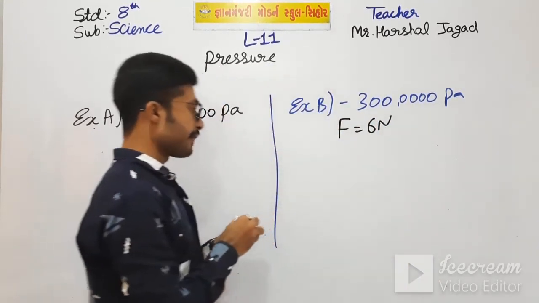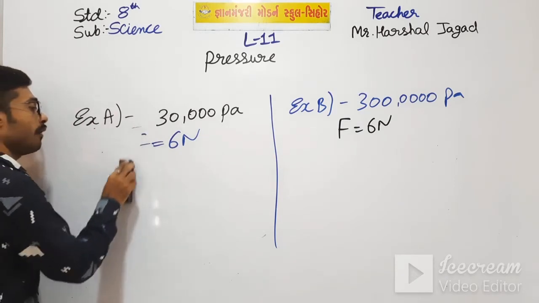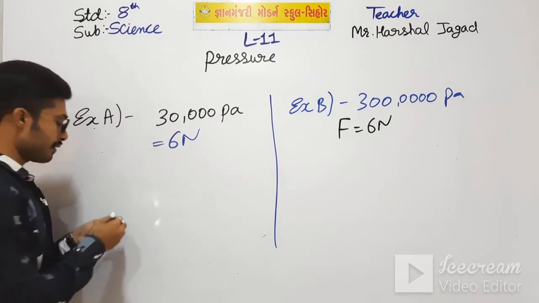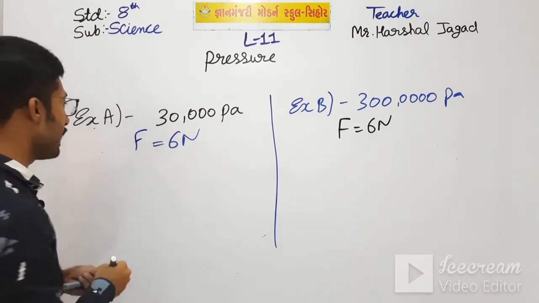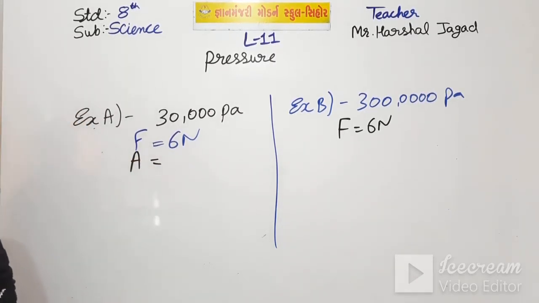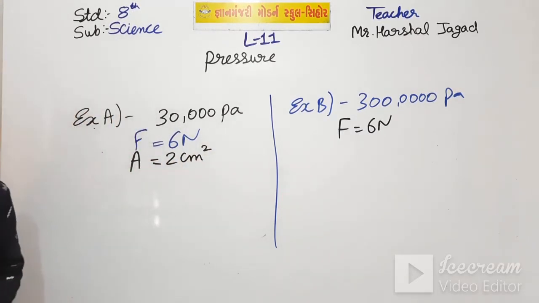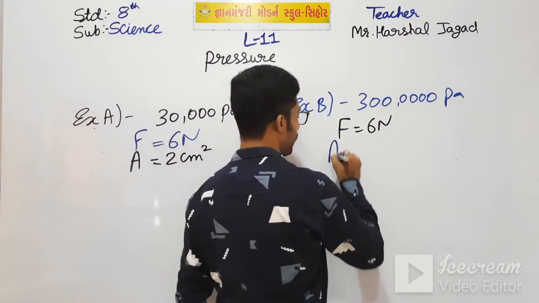Okay students, but in this case the area was different. What was the area? In this case the area was 2 centimeter square, and here the area was 2 millimeter square.